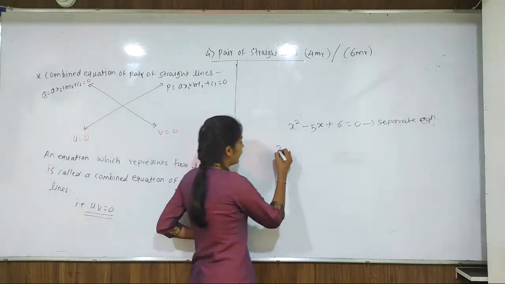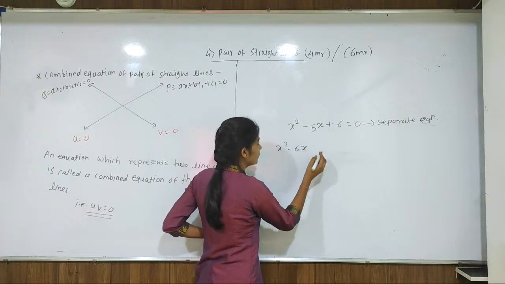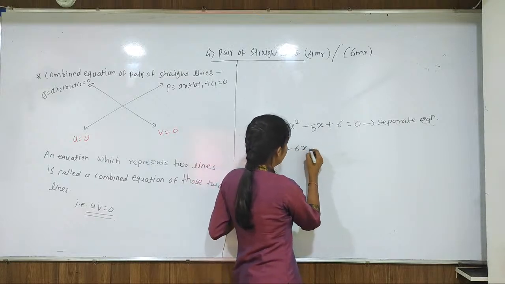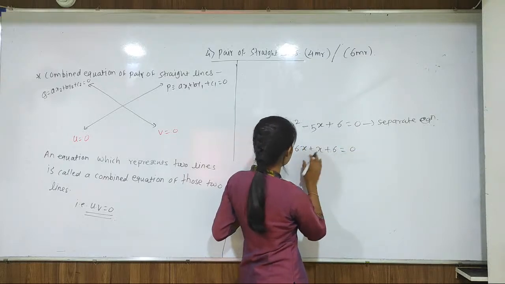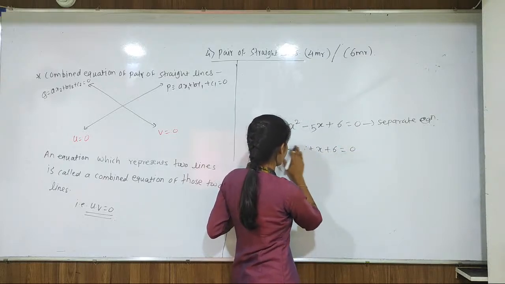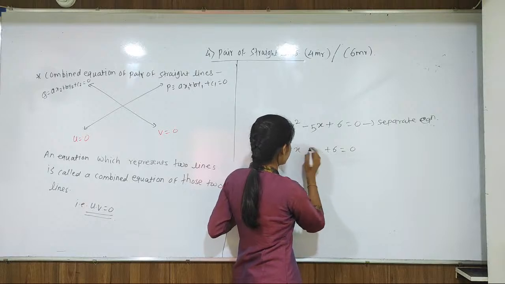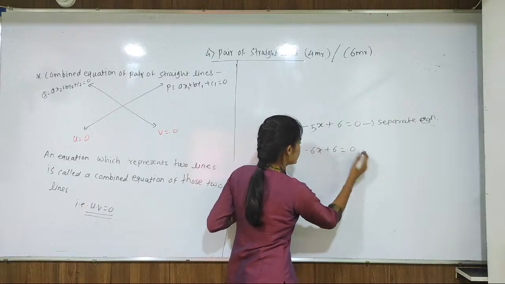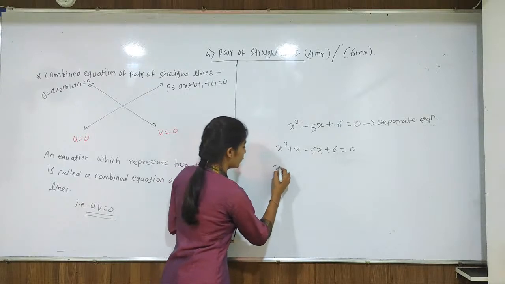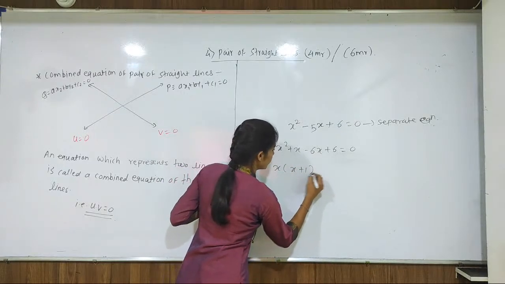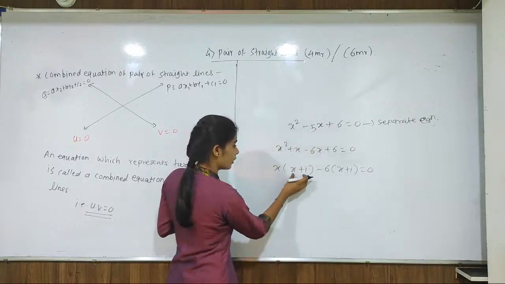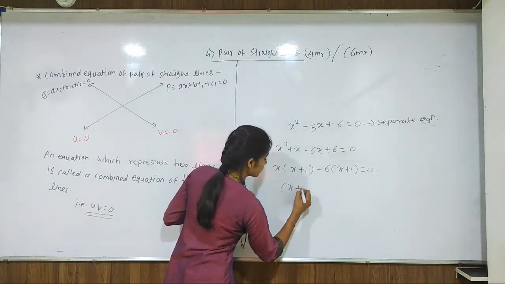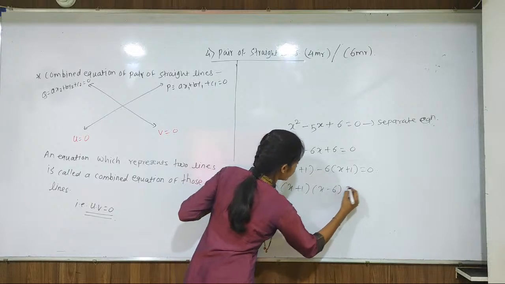So it is x square minus 6x plus x minus 6 is equal to 0. Or here we can write plus x minus 6x minus 6 is equal to 0. So from here we can take x common, minus 6 is common. x plus 1 is common. So x plus 1 into x minus 6 is equal to 0.